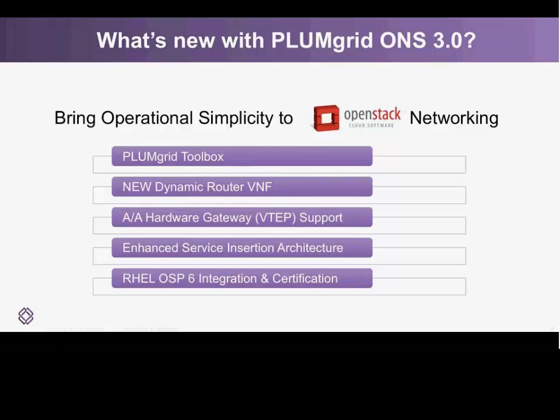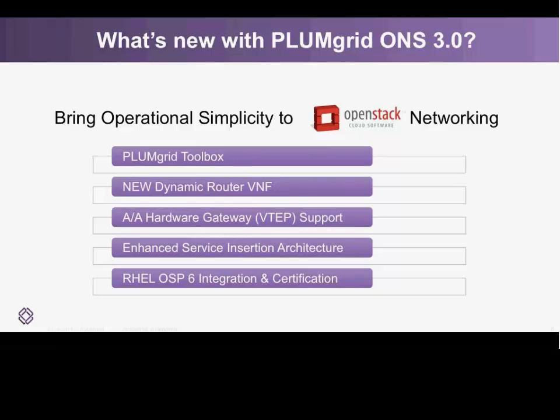We're going to be introducing 5 fundamental new buckets of features. So starting from the top, the start of the release and the launch is going to be PLUMgrid Toolbox. PLUMgrid Toolbox is a suite of operational and monitoring tools that help the cloud operator deploy, operate, and maintain an OpenStack network environment.